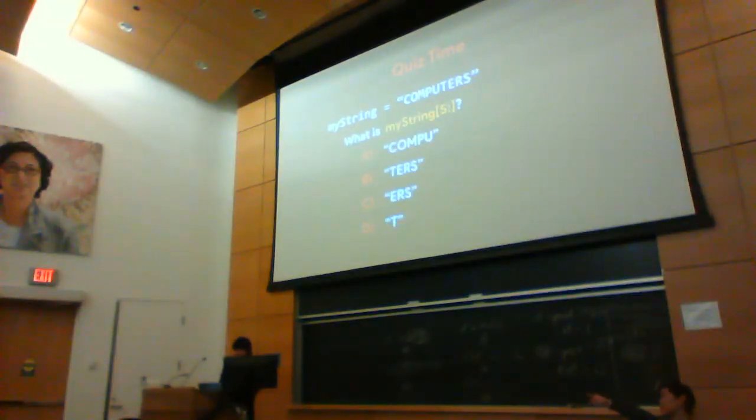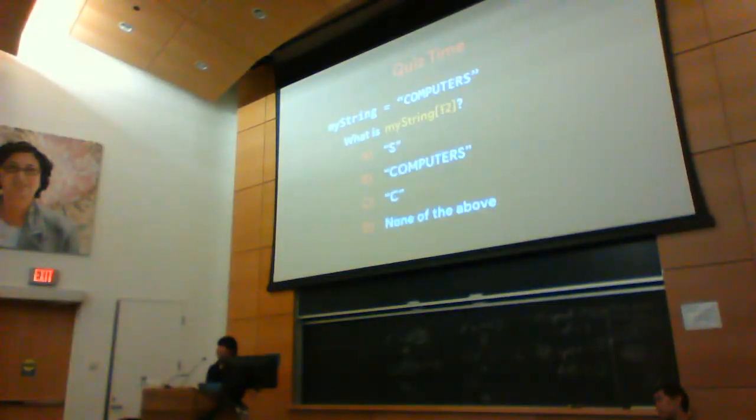All right, so if my string is computers, you can only index from its length to the negative of its length. If I index this at 3,000 or something, it's giving me errors because I don't have a 3,000th character. If I did minus 12, that's also the same issue.